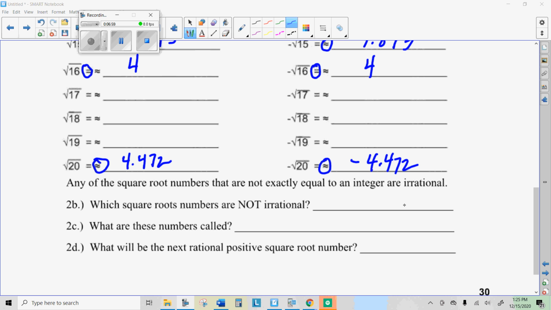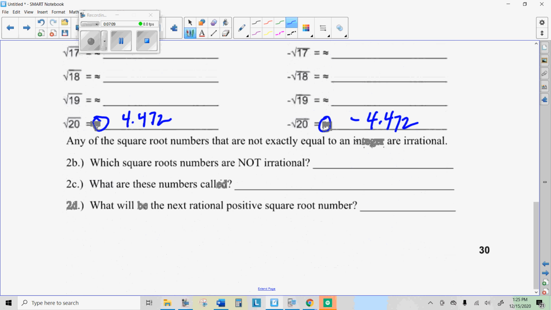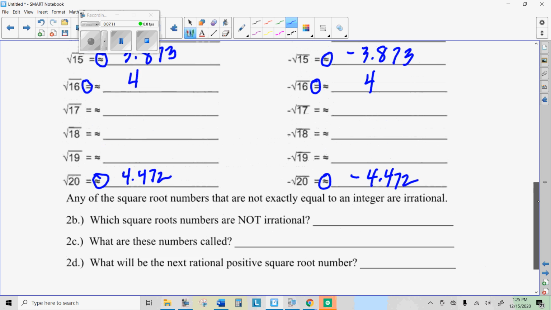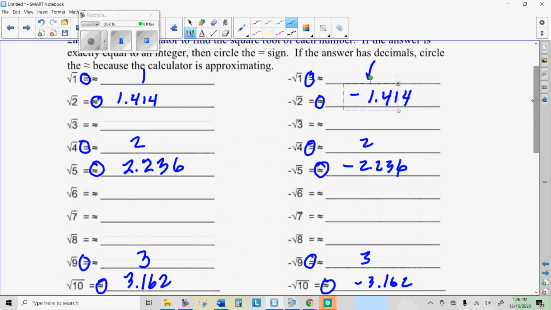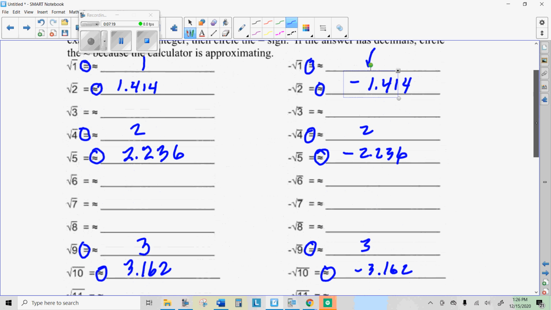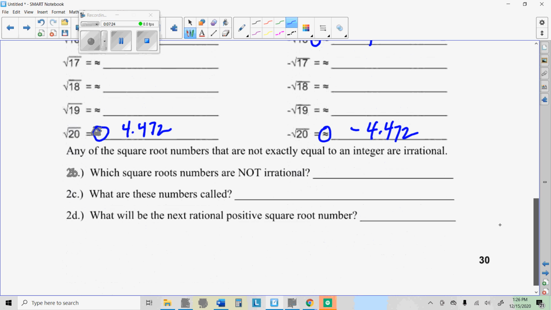All right, so on 2B, you're going to answer which square roots are not irrational. So you want the ones that are equal to a whole number. Also remember that every positive whole number has a positive and negative square root, because a negative times a negative is also positive. So that's why we have the negative square roots. But the square root numbers that are not irrational are 1, 4, 9, 16.